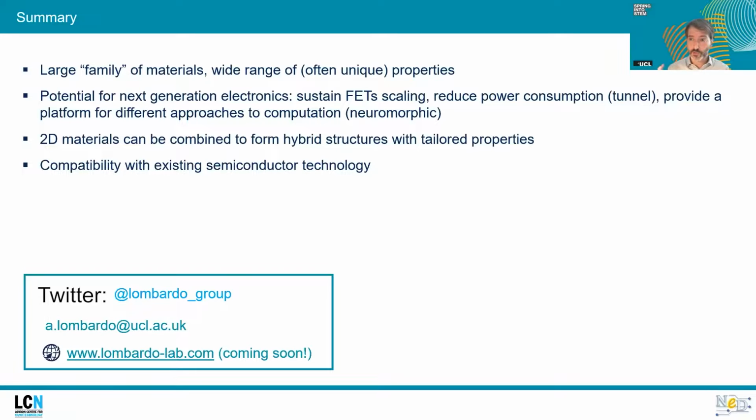Long story short, there is a lot of work in progress. There are already some commercial products. For example, there are companies that are using the property of graphene of absorbing light of virtually every wavelength to make what are called hyperspectral sensors. So yes, there are some commercial products. There is not a 2D microprocessor yet.